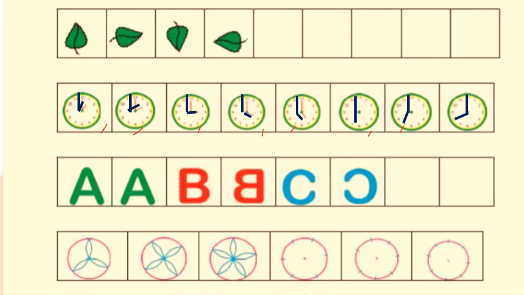Now here AA, BB, CC. See, one is in the right position, one is in the reverse position. So here D in the right position, D in the reverse position. Okay, that flower you can draw in the textbook and also the leaf. Okay.